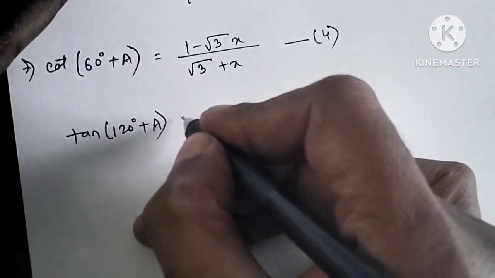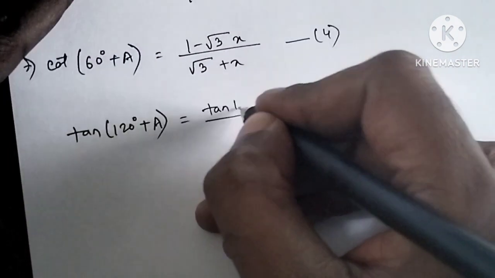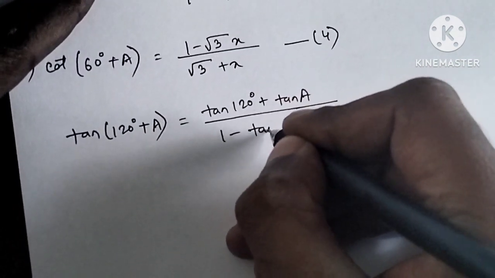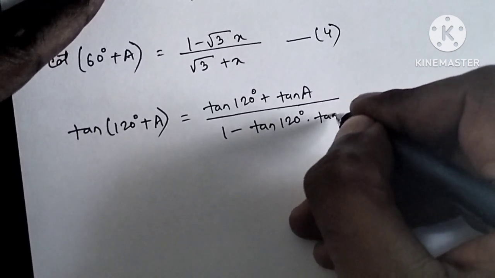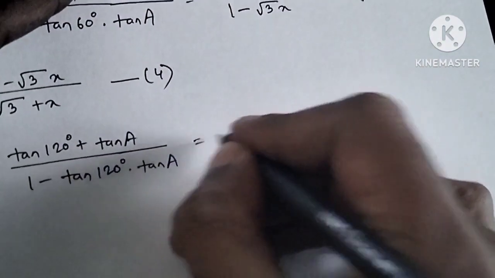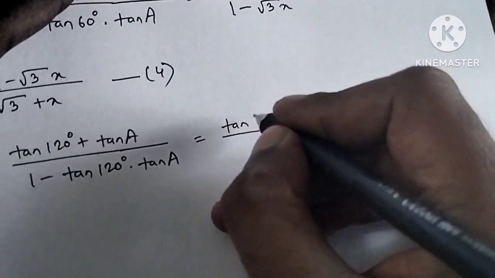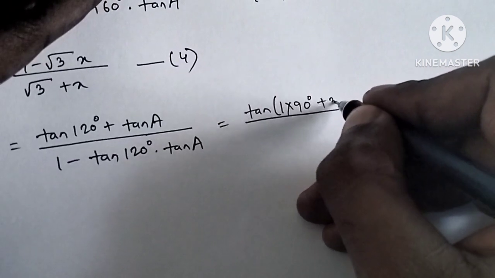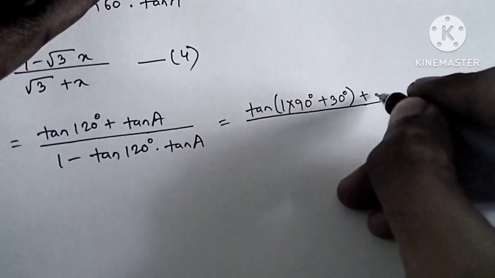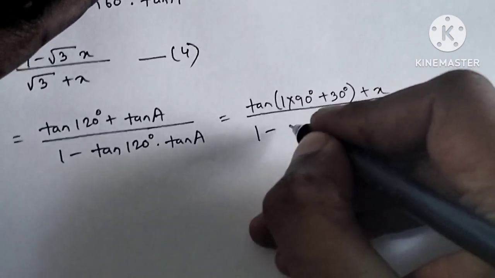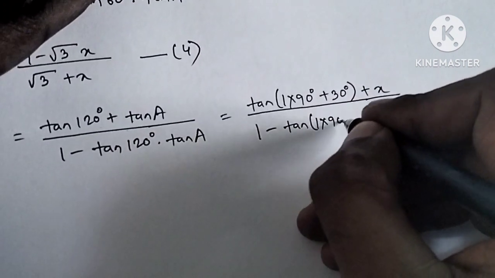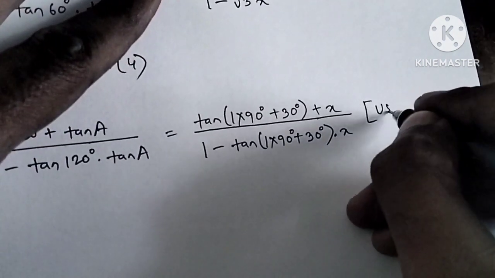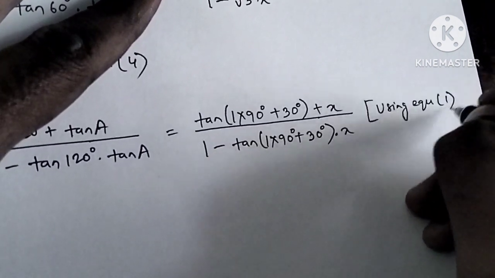Again the tan (A plus B) formula: tan 120 degree plus tan A, by 1 minus tan 120 degree into tan A. We can write tan 120 as tan (1 into 90 degree plus 30 degree), plus tan A, whose value is x, by 1 minus tan (1 into 90 degree plus 30 degree) into x. Again here we write using equation 1.